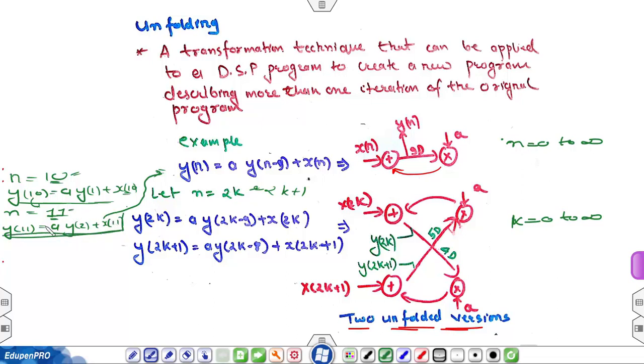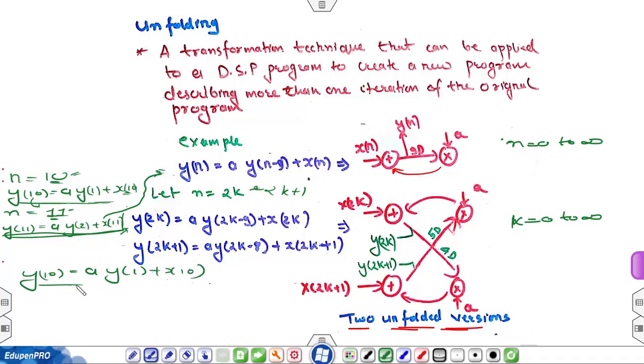And if n is 10, k will be 10 divided by 2, that is 5. So for k equal to 5, y[10] is a·y[1] + x[10].